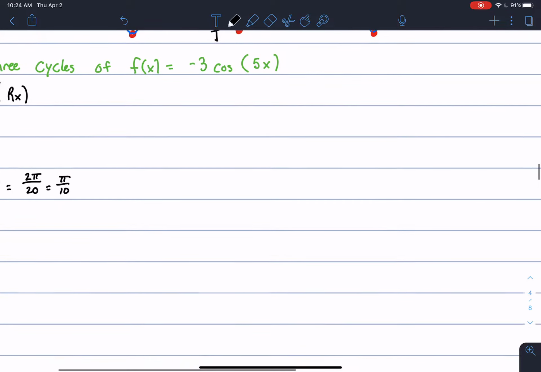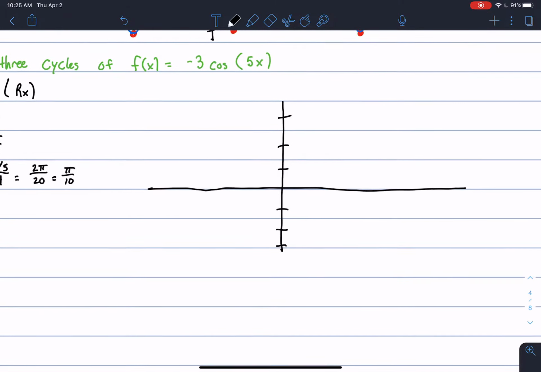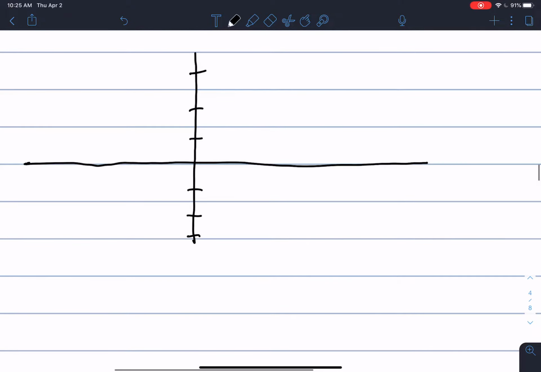Draw out your axis. You're going to go up to positive 3, down to negative 3. Then you're going to go up by pi over 10. So 1 pi over 10, 2 pi over 10, which is pi over 5, 3 pi over 10, and then 4 pi over 10, which is 2 pi over 5.